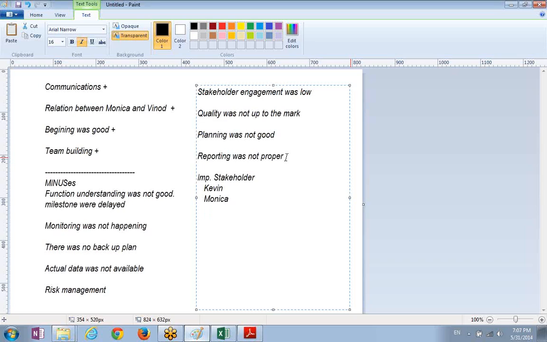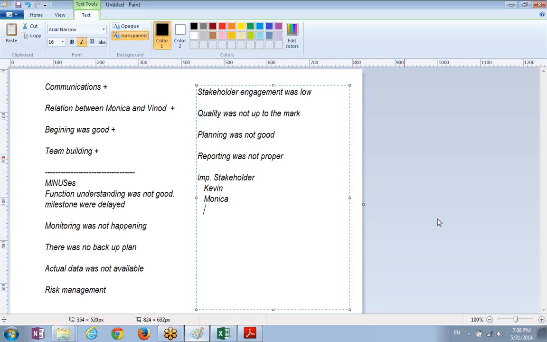Suppose somebody replaces somebody else, some other project manager comes and replaces Kevin. How is it going to impact the project? If Kevin is replaced by some other project manager, definitely there will be an impact.